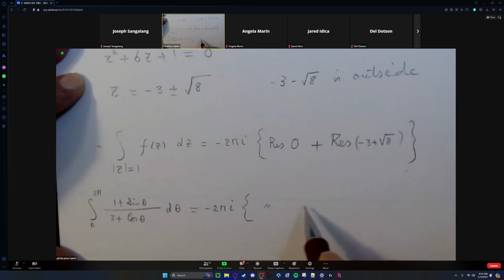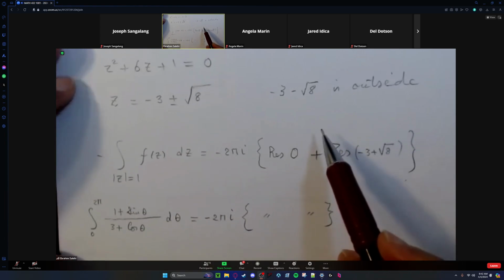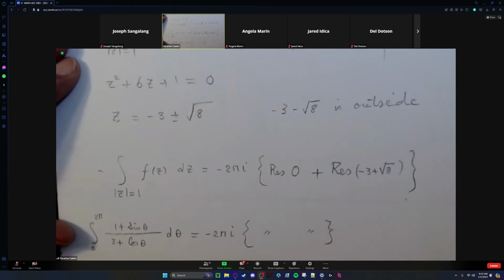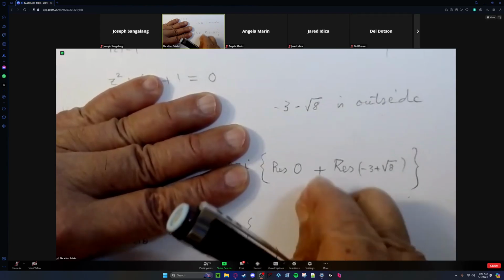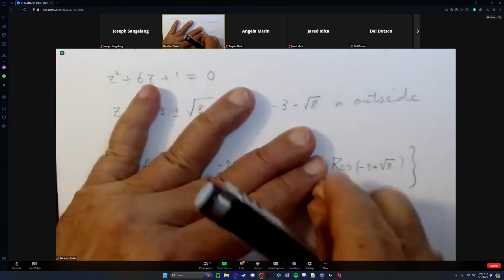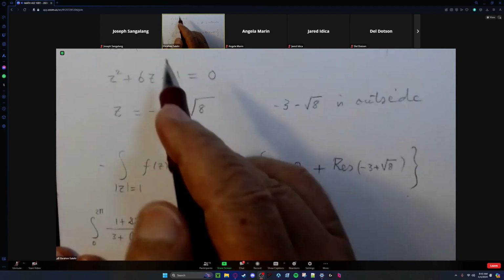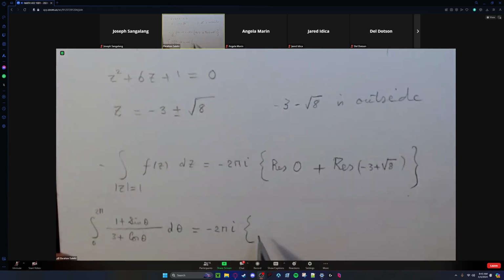Since those are simple poles, then we can use the formula: you multiply by z, okay, the residue at 0, I can easily find that. You multiply by z and then plug in z equals 0, you get negative 1.